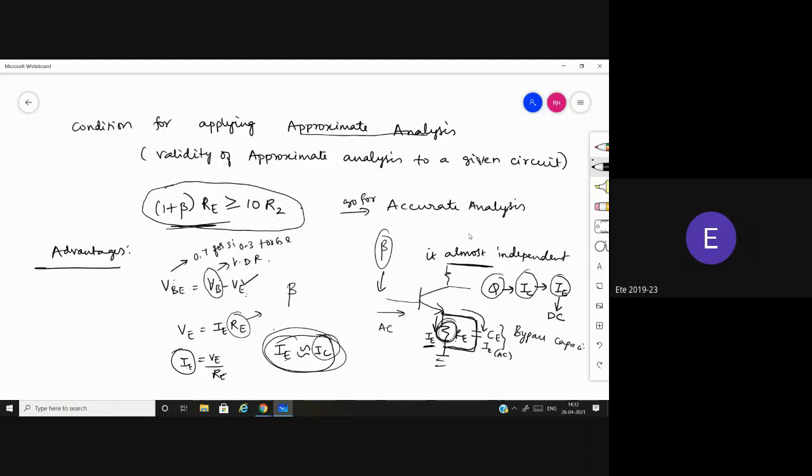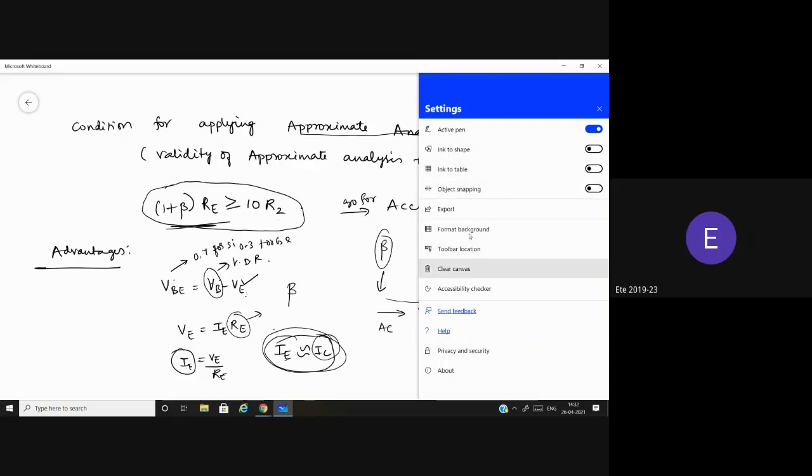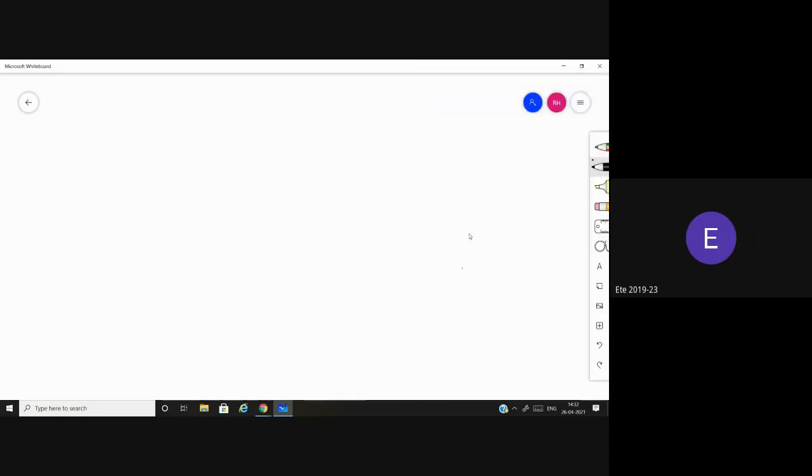So that's why I told you all these things: if you try to overcome one disadvantage, then again one more disadvantage will come. Even though we have this problem of the emitter resistance acting like a negative feedback, we still use it to keep the operating point more stable.